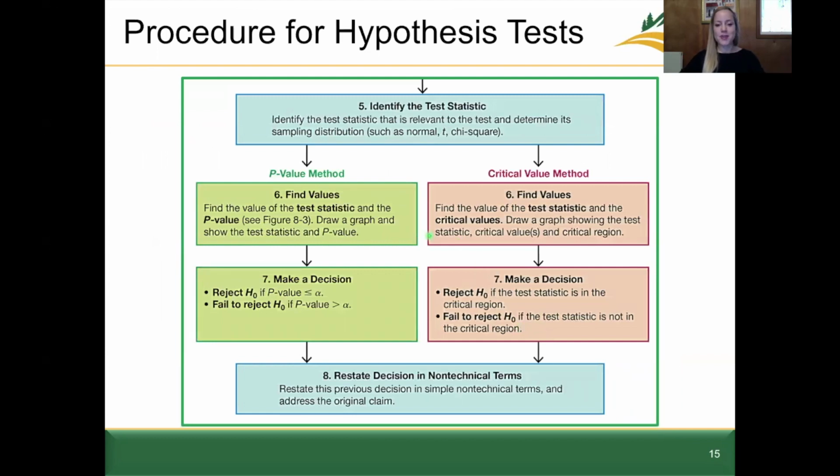Now, showing this flowchart again, because we just got to this part in step 5 when we're about to identify the test statistic and then calculate that. I mentioned in 8.2 we go through the p-value method, the critical value method, and also the confidence level method. As we proceed in 8.2, we're going to follow this path first and go down the p-value method. In both the p-value method and the critical value method, we're first going to need to calculate the test statistic that we identified in step 5. So let's do that now.